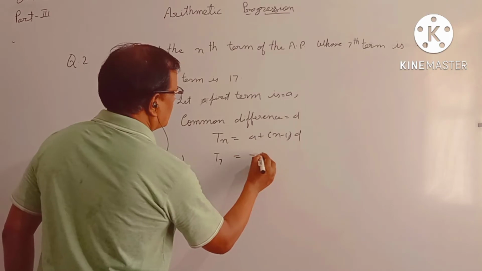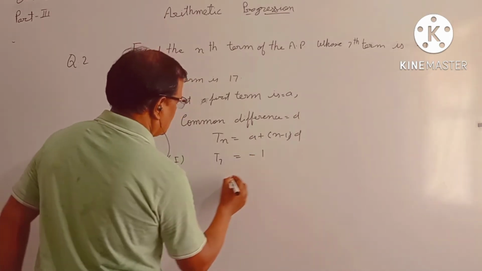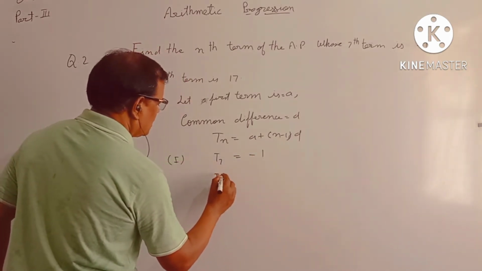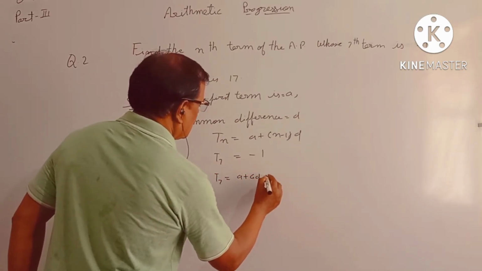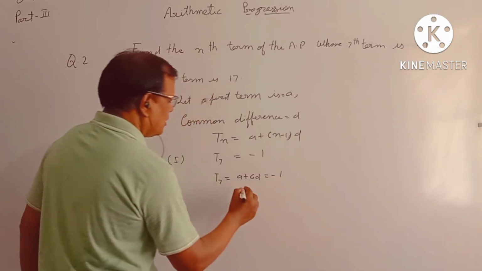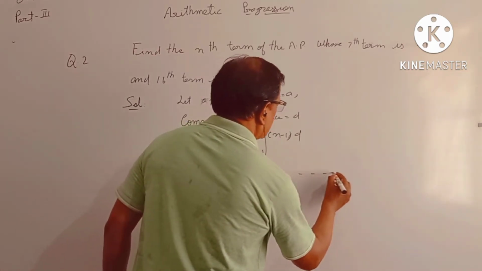T7 equals minus 1. As we know, T7 will be A plus 6D, and it is minus 1. It is the first equation.